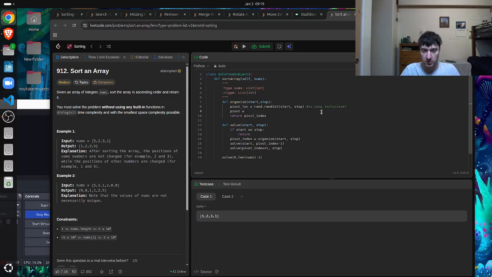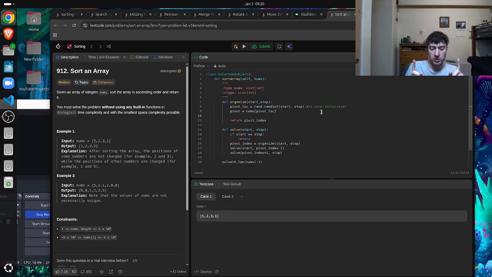Pivot is going to be equal to nums indexed at this pivot location here. Okay, awesome. So now I have my pivot location. I think the way that we do this is we take the pivot location and swap it with the 0th element, and then I do all of my sorting.